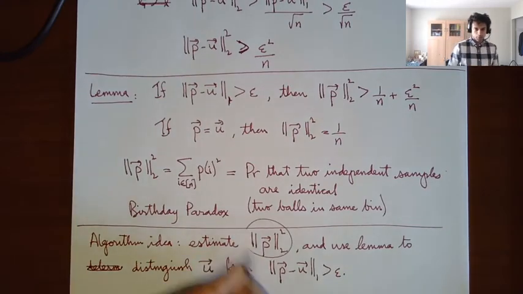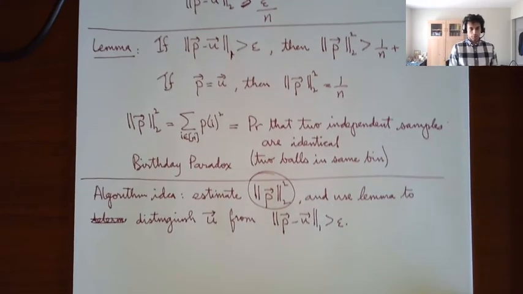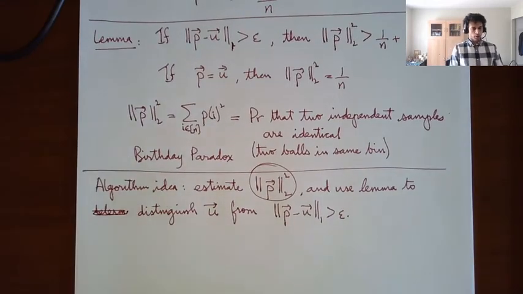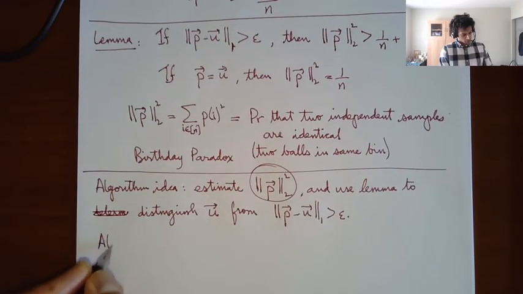So what we need is an algorithm that will estimate this 2 norm. For the estimation, we are going to use the birthday paradox.